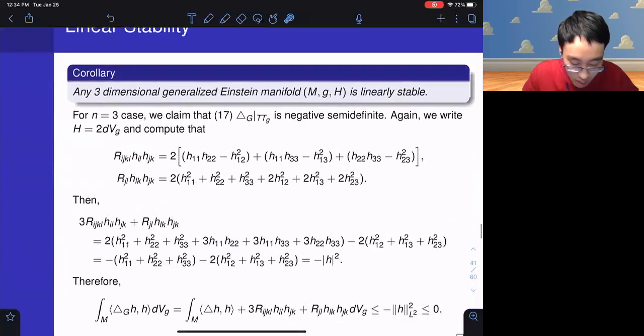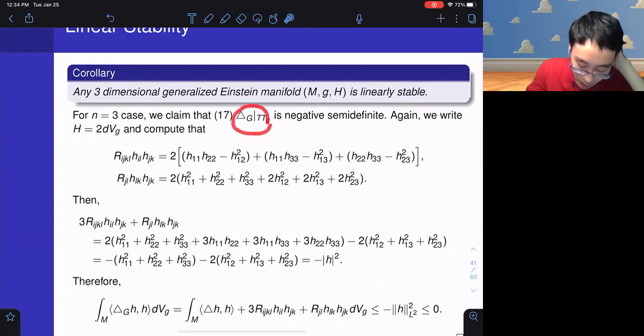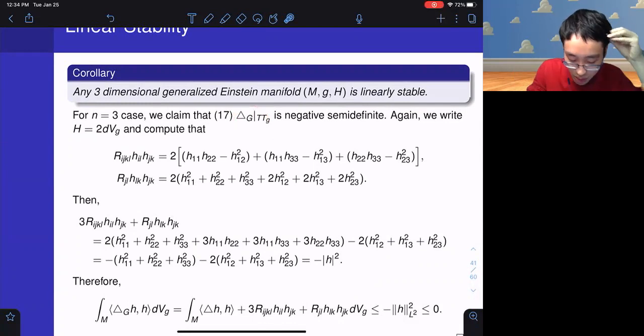And the corollary we have, and the example we have, is that any three-dimensional generalized Einstein manifold is linearly stable. Because when n is 3, we can claim that Laplacian G is negative semi-definite. This is just a direct computation.